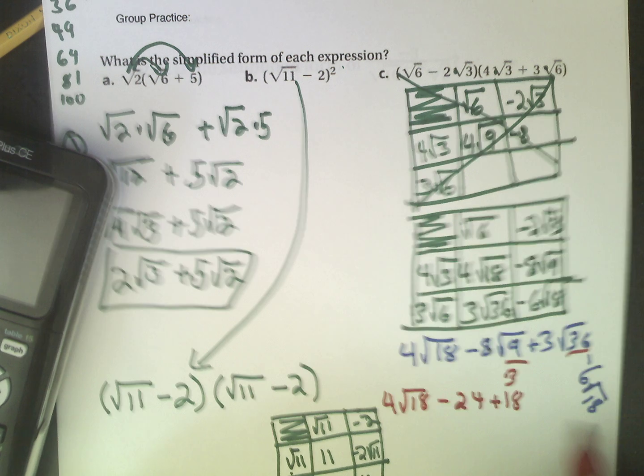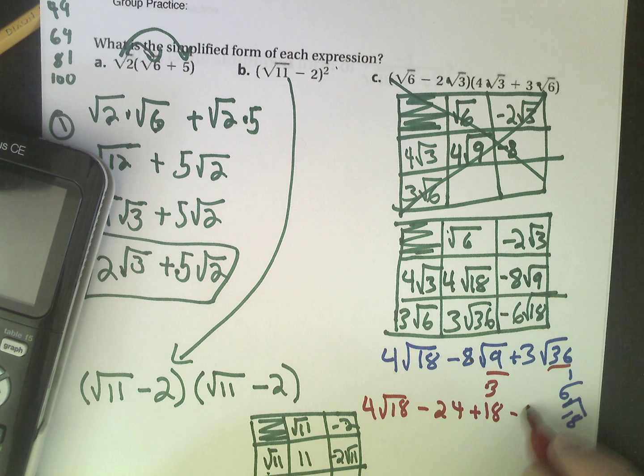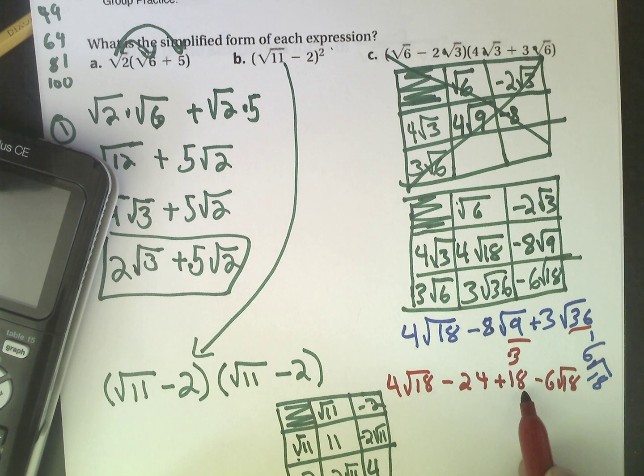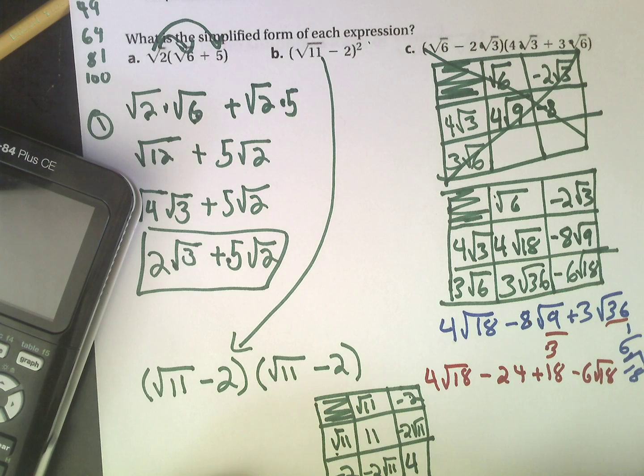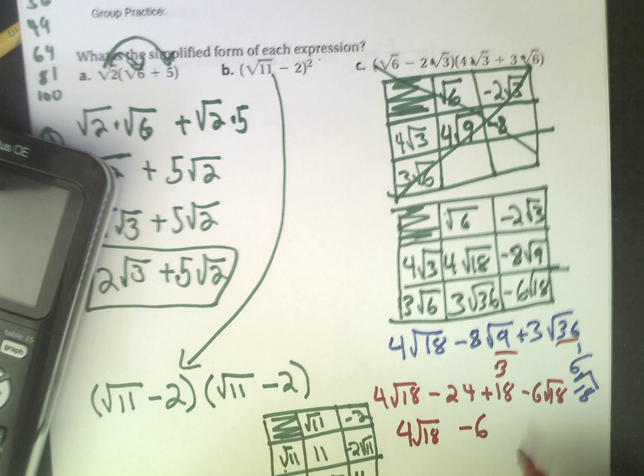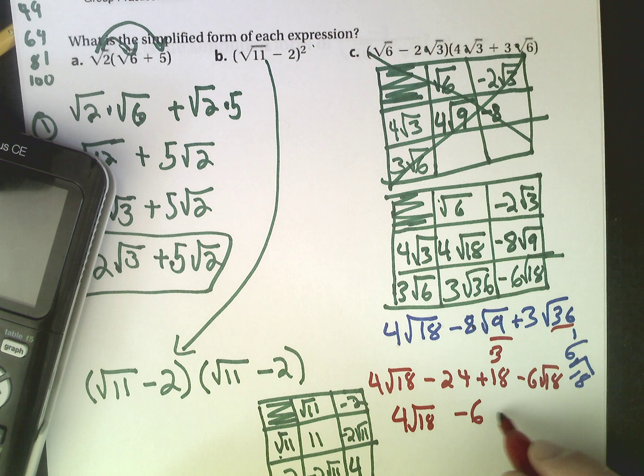Next one. Now I put in 6 minus 6 square root of 18. Minus 24 plus 18, easy number. We could do that in the calculator, and we get the number negative 6. So now I have 4 square root of 18 and minus 6 square root of 18.